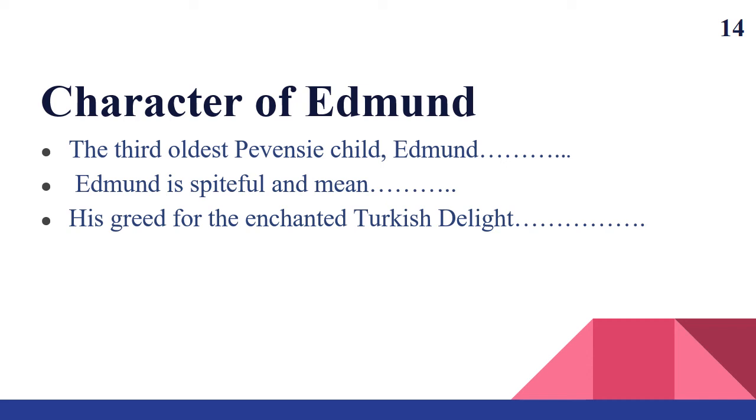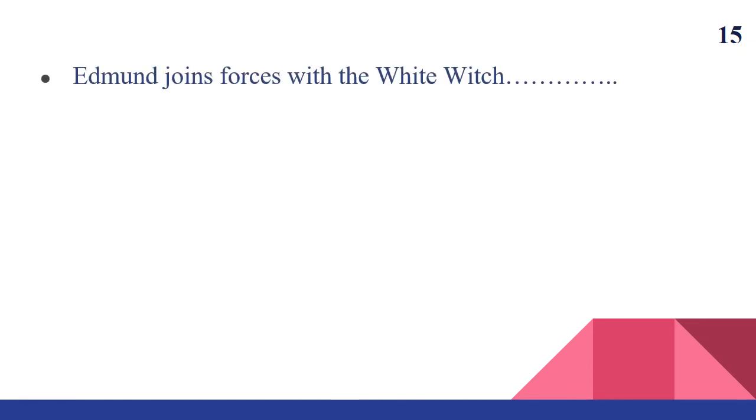And the White Witch was very happy in turning Edmund into a traitor. Edmund joins forces with the White Witch. He was very happy to join her, as she told him that he would be the king of Narnia.